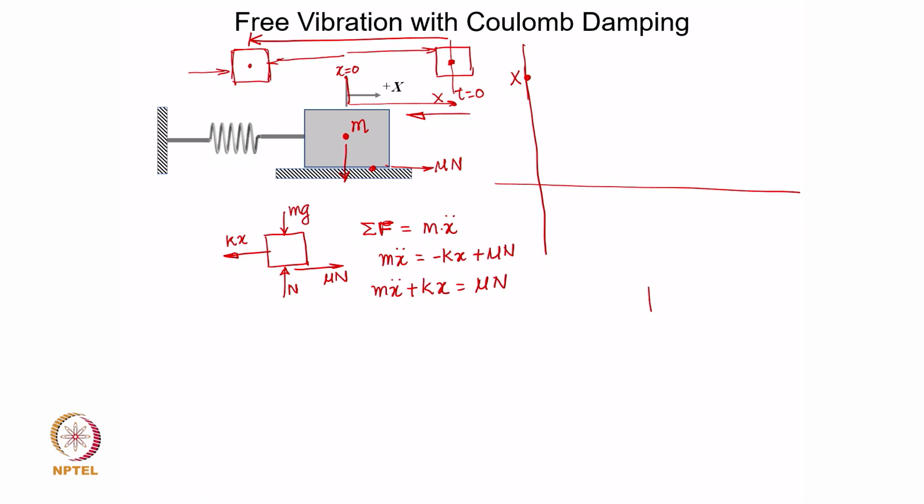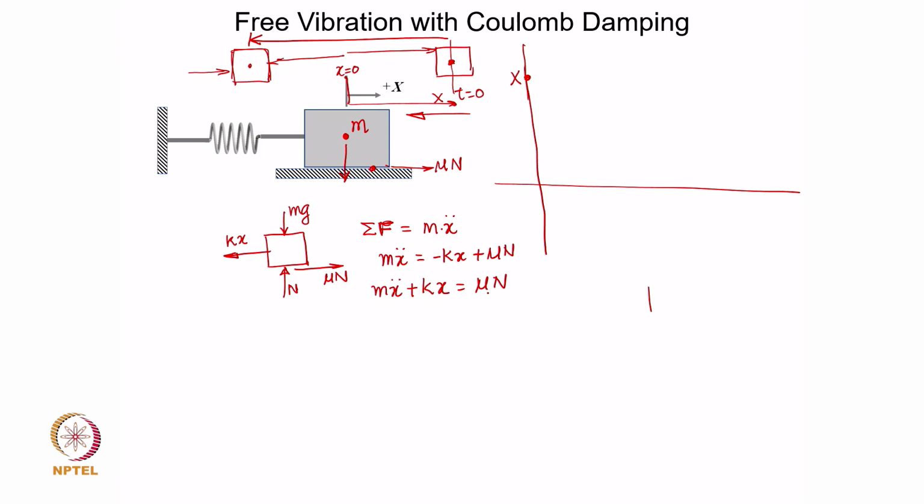Now, what will be the solution of this equation of motion? You may notice that this friction force is independent of the displacement, and it has rightly been on the right side of the equation, after the equal sign.